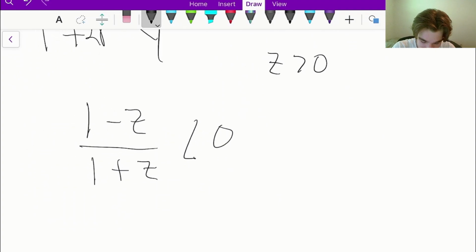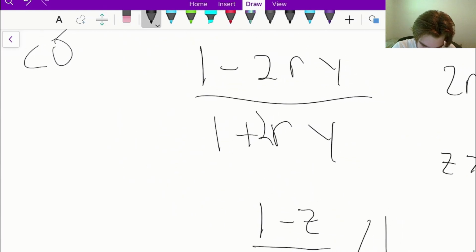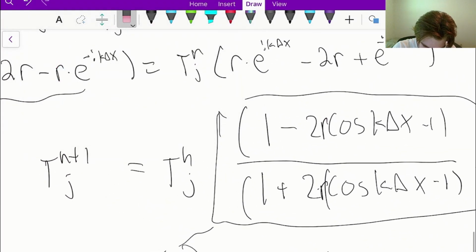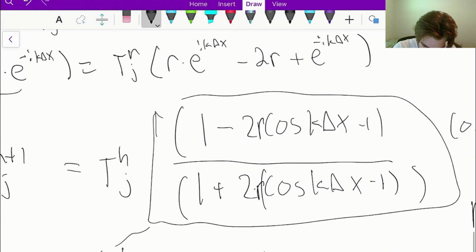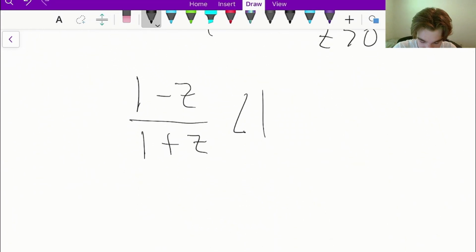So can we prove that this expression right here is always going to be less than 1? I apologize, this has to be less than 1, is what I meant to say. Can we prove that this is always less than 1? Yes, we can, because no matter what positive value you put in there, it's minus that is plus, it's always going to be less than 1.